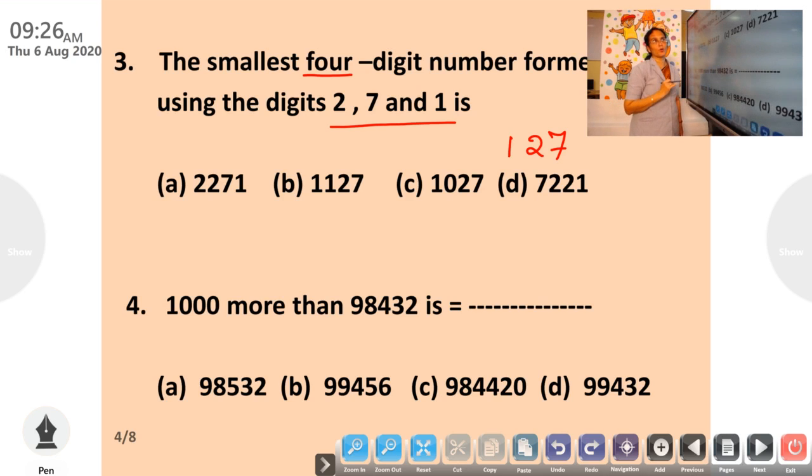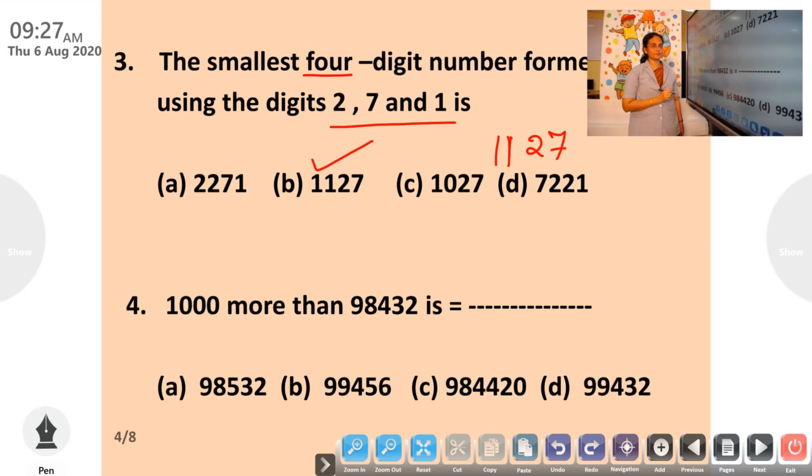But you have to write the smallest 4-digit number. So what you have to do, you already studied that we have to repeat the smallest digit. Which is the smallest digit here? 1. So repeat this 1. So what is the answer? Answer is 1,127. So option B. 1,127 is the smallest 4-digit number formed by the digits 2, 7 and 1.